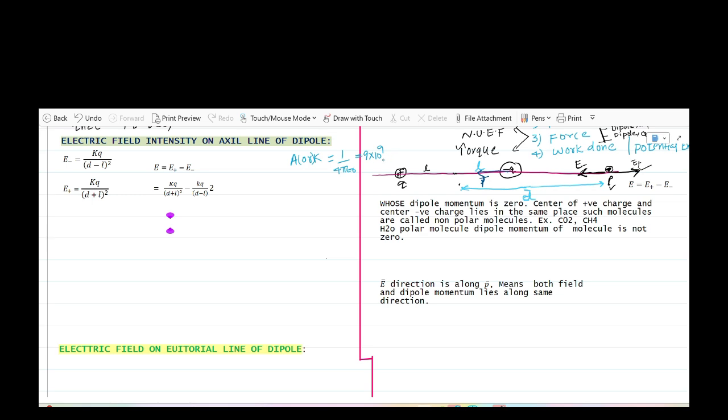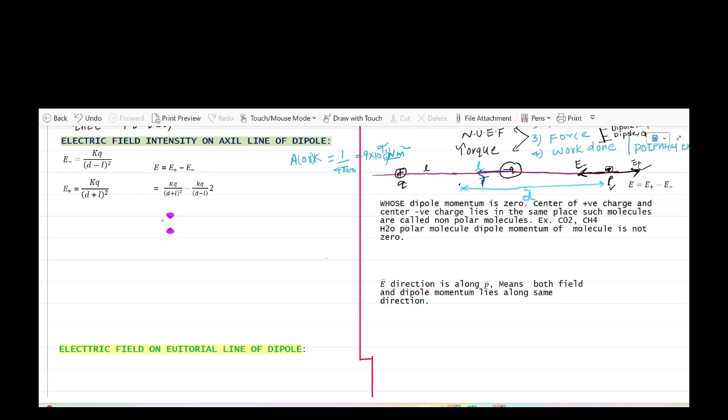The units are Newton meter square by Coulomb square. So 1 by 4 pi epsilon is the electric constant, with epsilon naught the permittivity value. But this value we will substitute without units, in SI, as 9 into 10 to the power of 9.